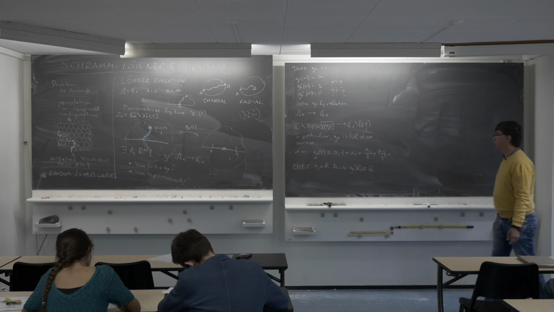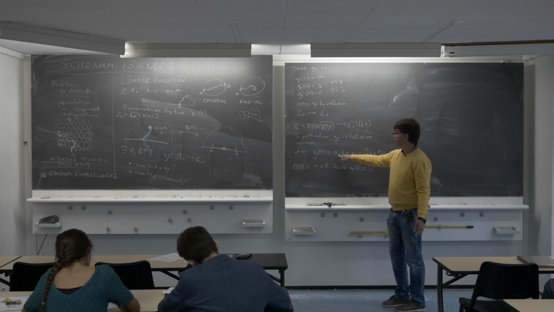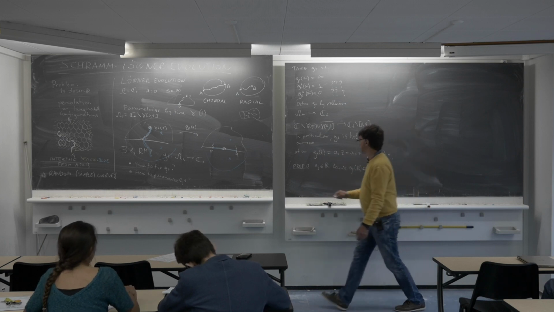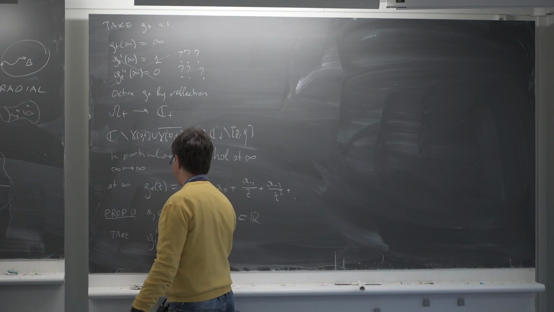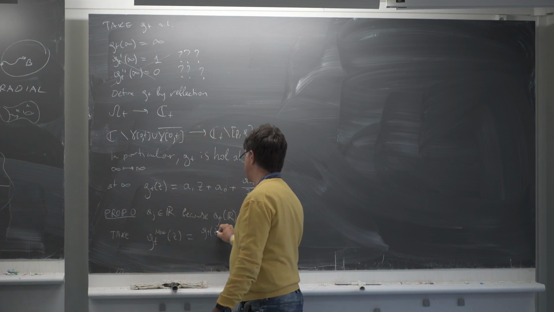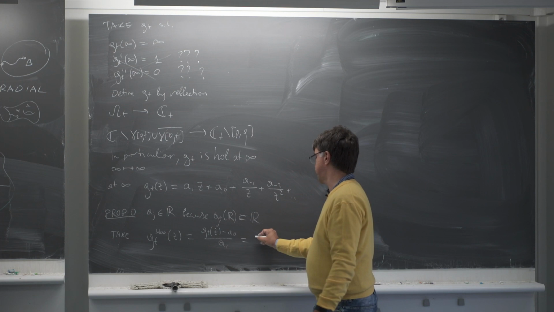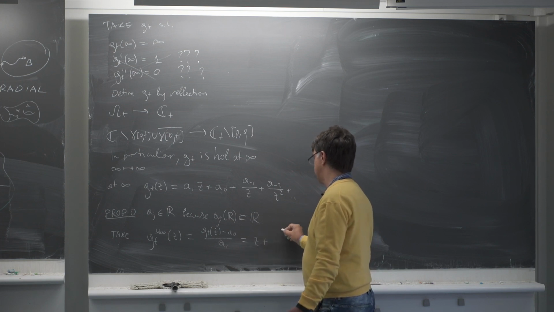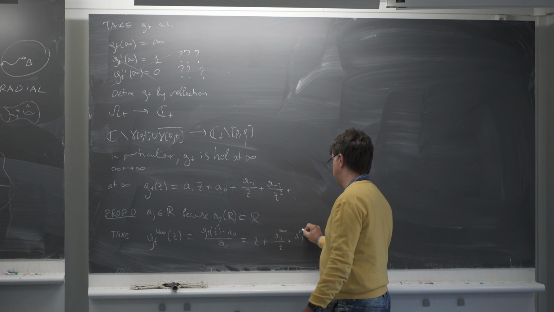Now we can subtract this coefficient so that it's 0, and divide by this coefficient so that it's 1. Take the new gt, let's say nu of z, as gt of z minus A0 divided by A1. Its power series expansion is z plus a new coefficient A minus 1 prime over z plus A minus 2 nu over z squared, and so on.